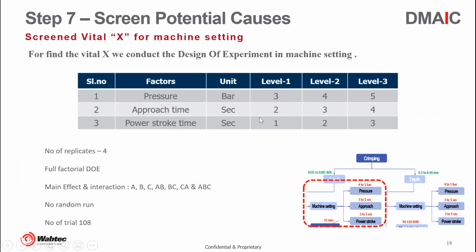This was the pressure levels, and in the case of approach time, it was seconds. Power stroke time was also in seconds. Once you do the design of experiment, 3 factors, 3 levels, 3 to the power 3, and 4 replicates, it came to 108 trials that we had to do in order to understand what the DOE is giving us.